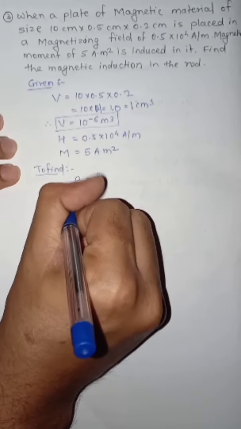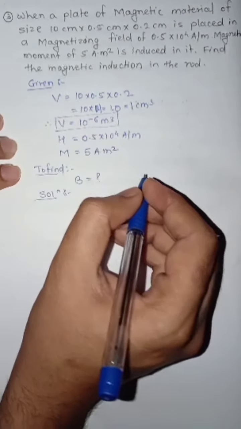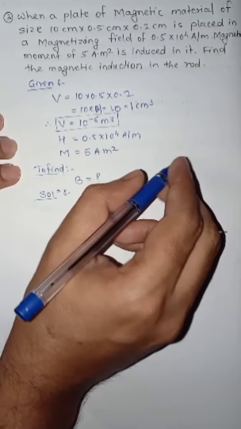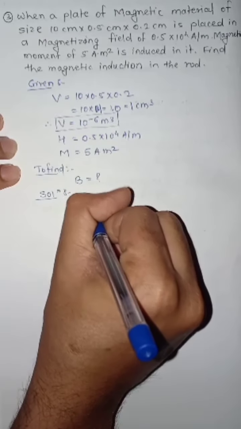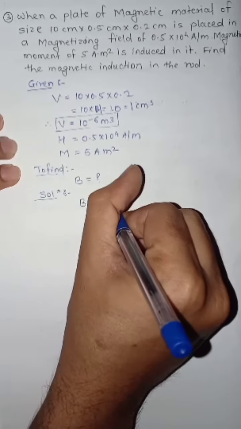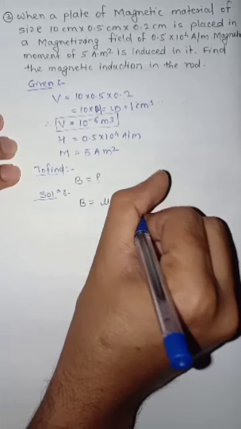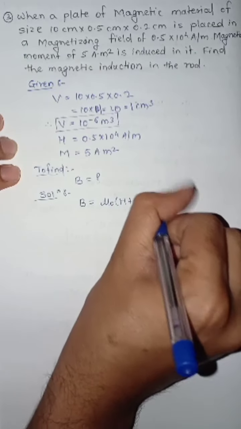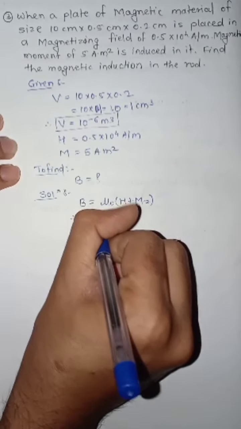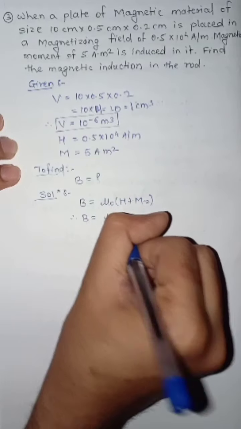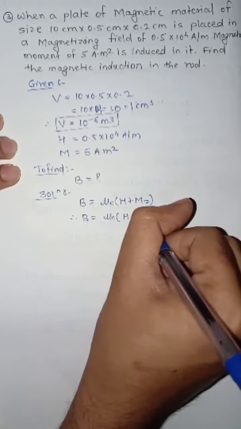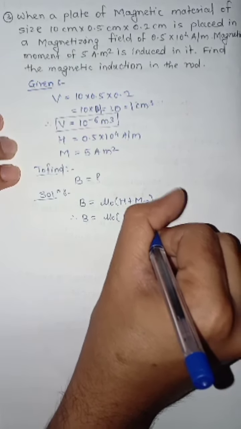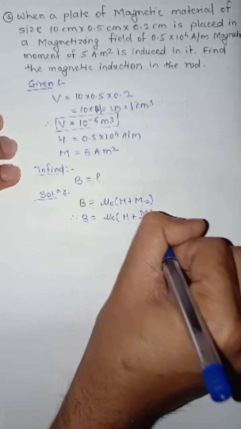In third derivation we have found out formula for magnetic induction B, which is given by B is equal to mu 0 times H plus M upon V. Therefore B is equal to mu 0 will be kept as it is, H plus, instead of m0 we will write here magnetic moment upon volume.